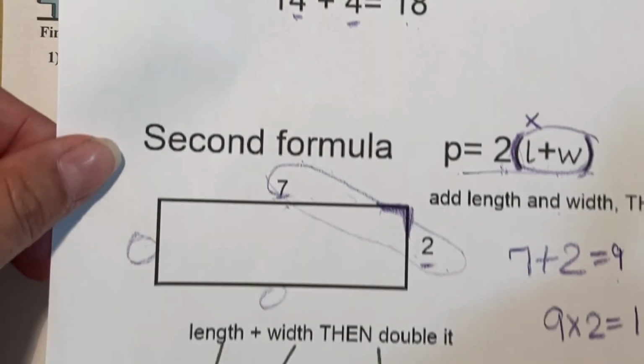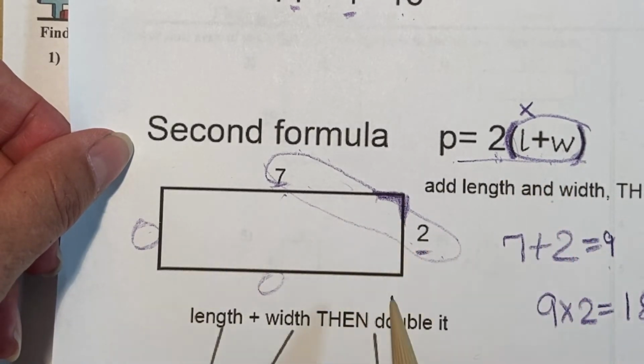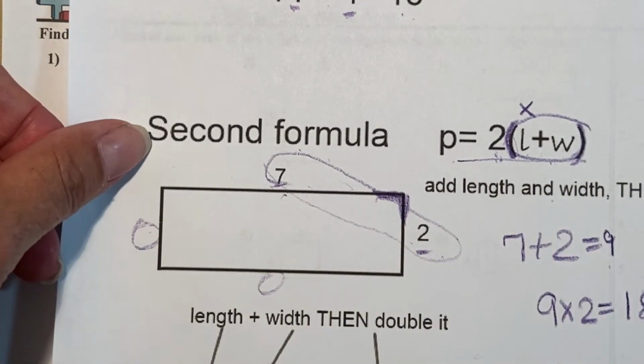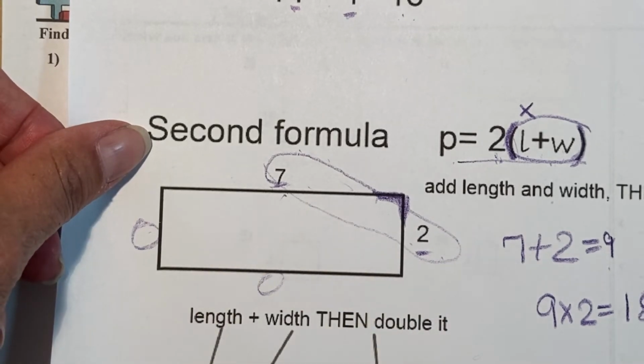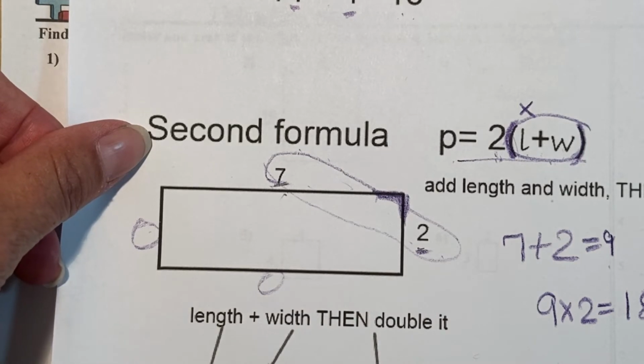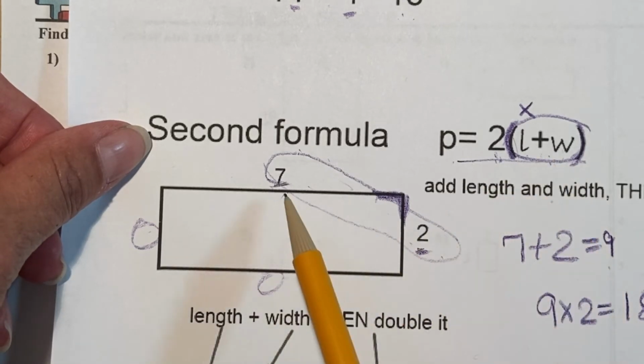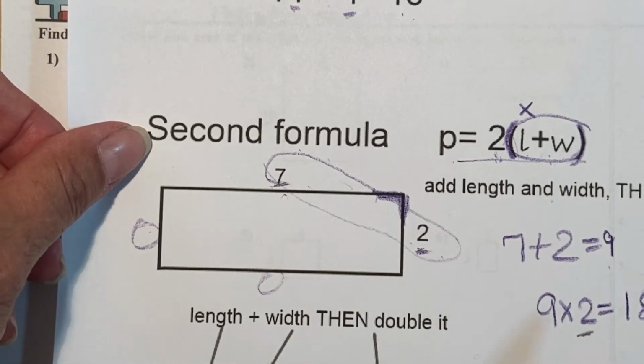The other option that we have is to add the length and the width and then double that. Because in this worksheet they did give me a length and a width, that's what I'm going to do on this paper, on page 1. I'm going to add them together first and then multiply by 2 to double it.